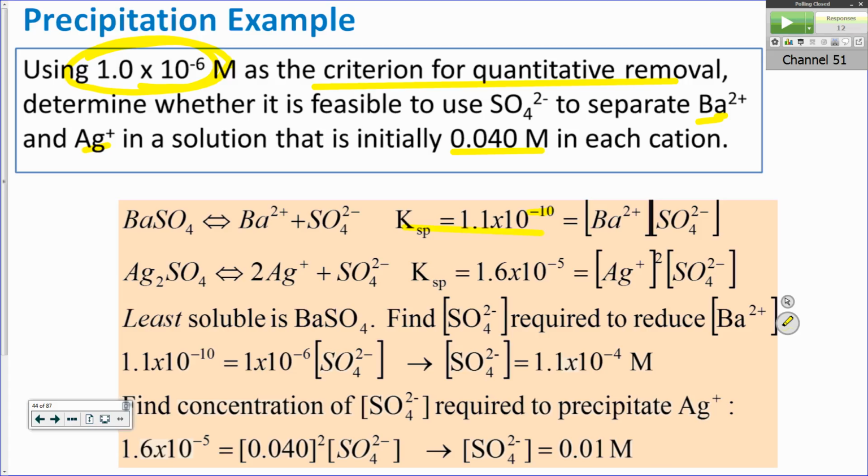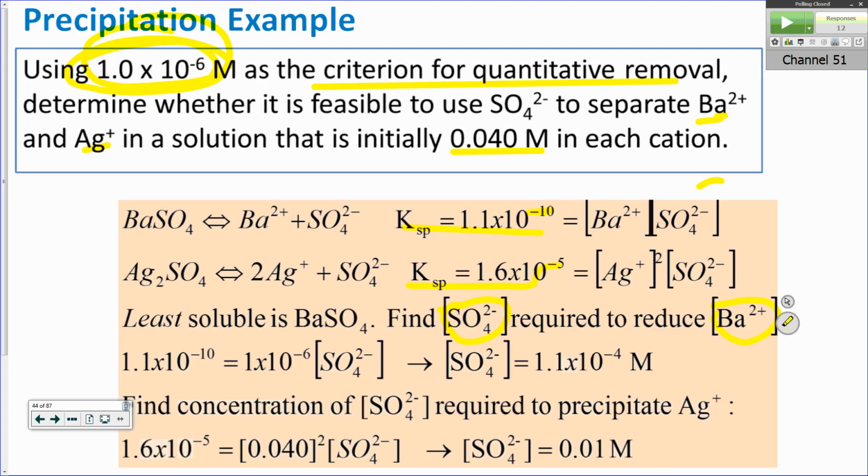The silver sulfate is the most soluble. So the approach I would use would be to find out how much sulfate is required to reduce the barium down to the level that I want to take it to, this 1 times 10 to the minus 6. So then I set the equilibrium constant up.